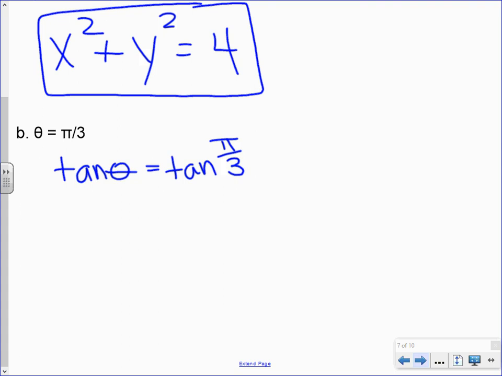Is that mathematically legal? As long as we do something to one side and the other, we're okay, as long as they're the same thing. Now we have the tangent of theta. On your conversion chart, the tangent of theta is the same as y over x.